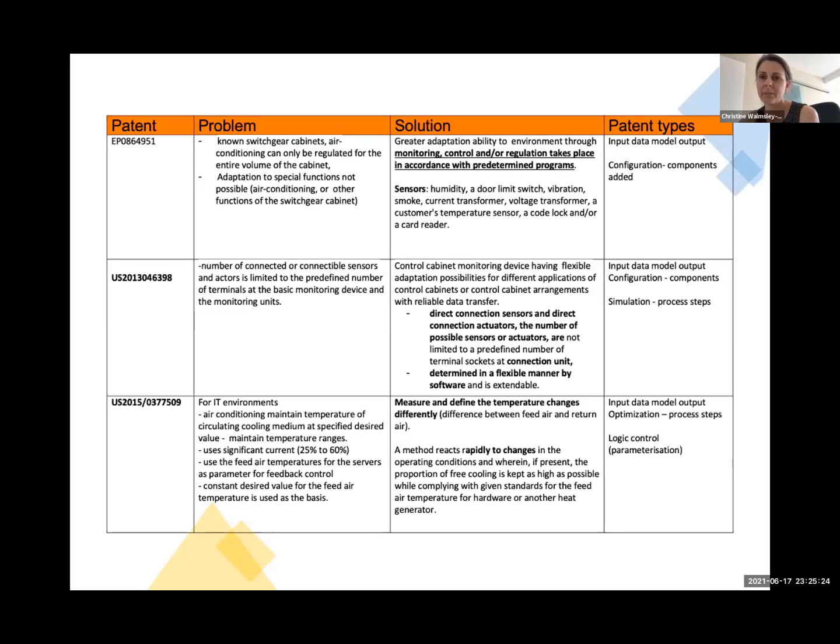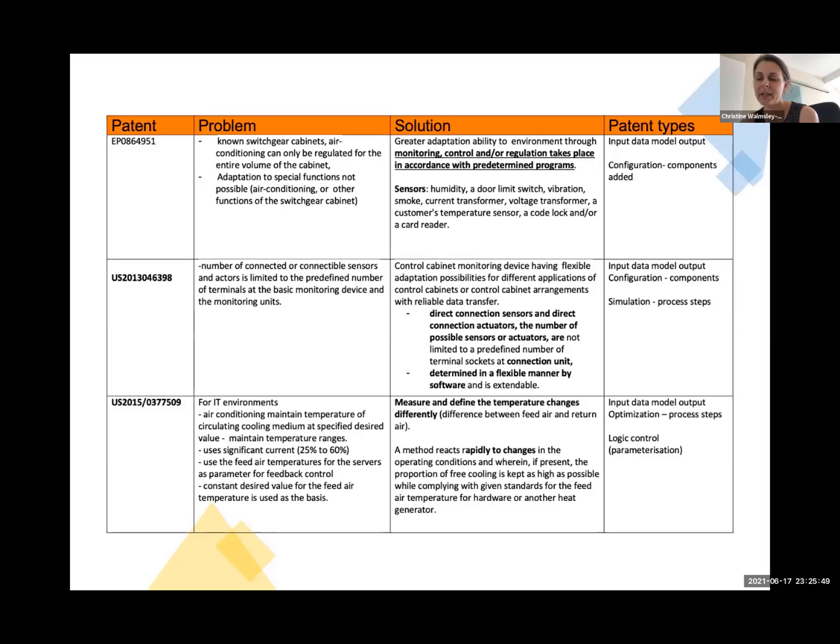The second patent, Ching's patent, the problem there then became, well, if you've started to add so many of these, how are you going to put it all together? And so when you have a number of connected or connectable sensors, it's limited to a predefined number of terminals.